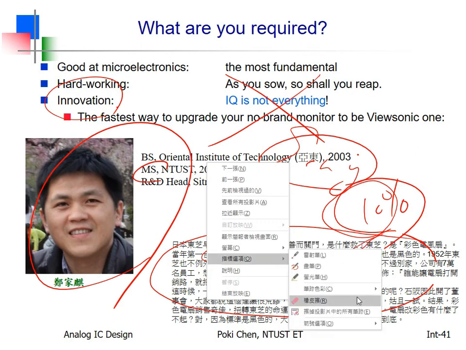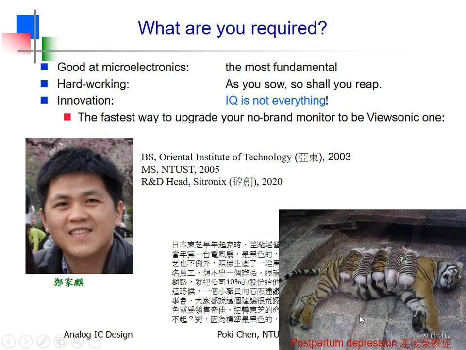So the other joke is here. Once upon a time, there was a mother tiger. She gave birth to a lot of cubs. But after some days, all the cubs passed away. So the mother tiger had a very serious postpartum depression, 产后忧郁症. She wouldn't like to eat. So what can we do? Nothing, right? No worries.